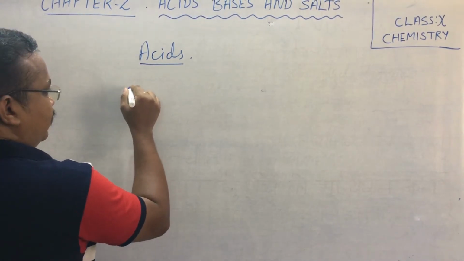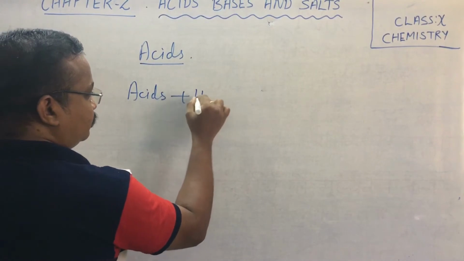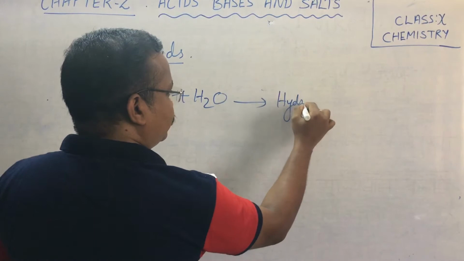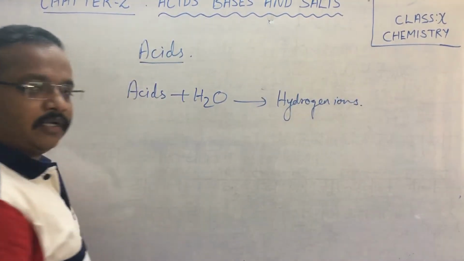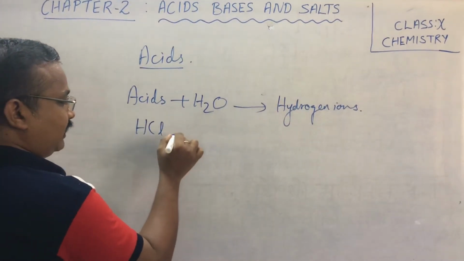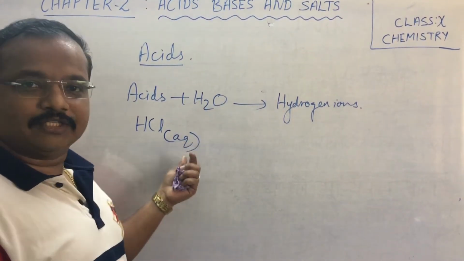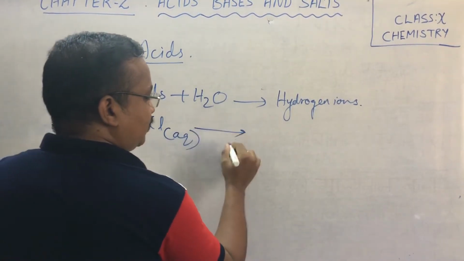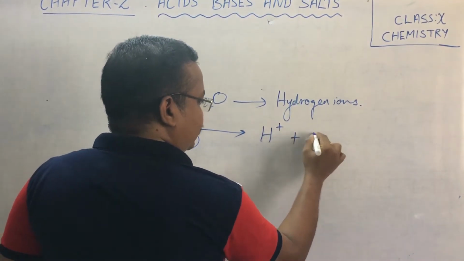That is, acids on adding to water produce hydrogen ions. As you know, HCl added into water, once it dissolves in water, forms an aqueous solution, right? So HCl will produce H+ as well as Cl-.